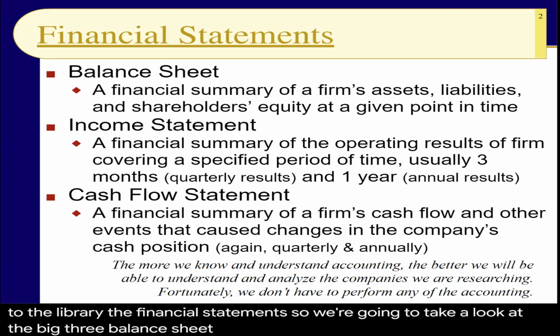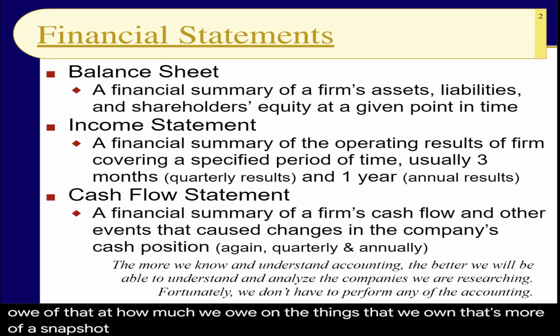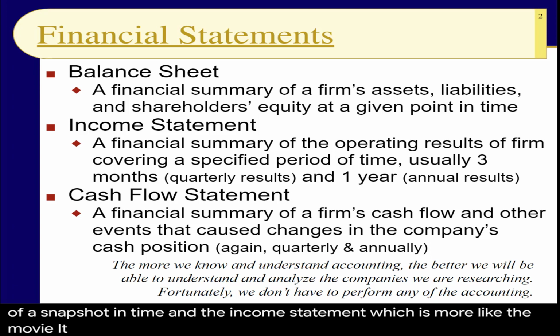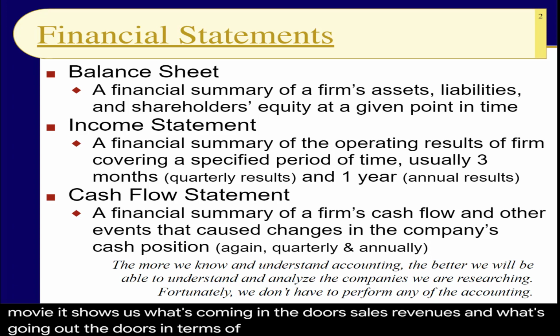Balance sheet, which is what we own and how much we owe of that, how much we owe on those things that we own. That's more of a snapshot in time. And the income statement, which is more like the movie. It shows us what's coming in the doors, sales, revenues, and what's going out the doors in terms of expenses.